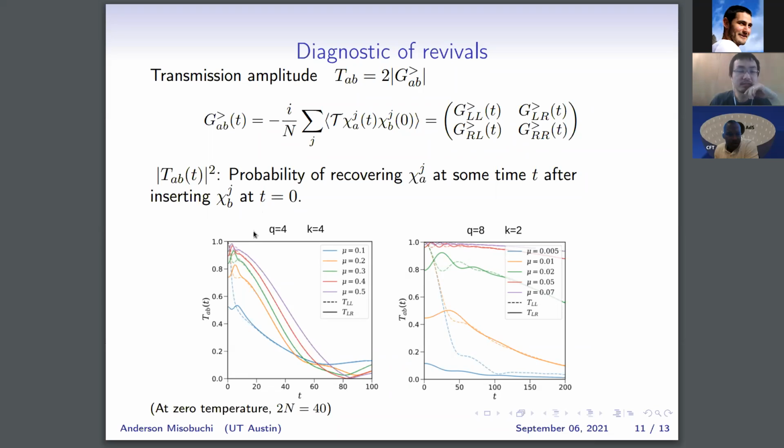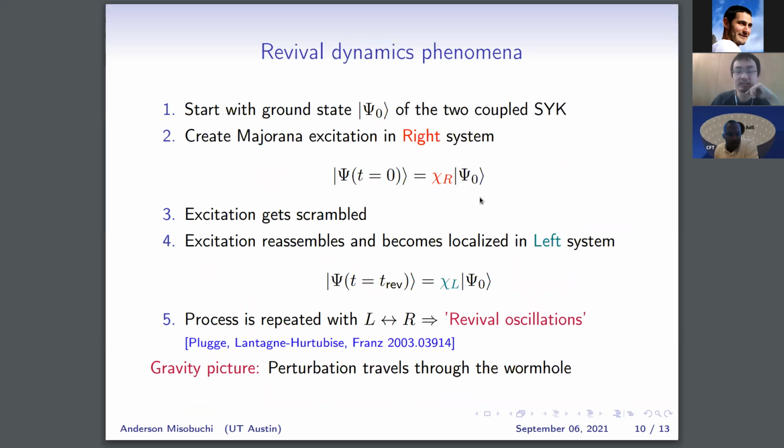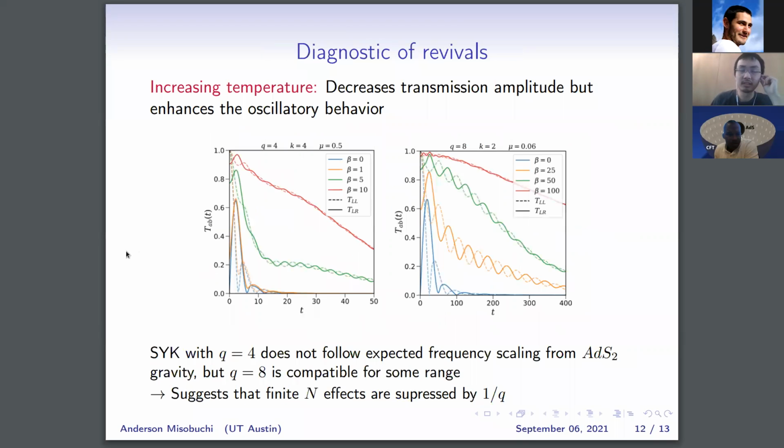This didn't happen for q equals 4, but we could observe it a little for q equals H. This is somehow related to the fact that we could observe the scaling that was predicted by gravity for q equals H, but not for q equals 4.